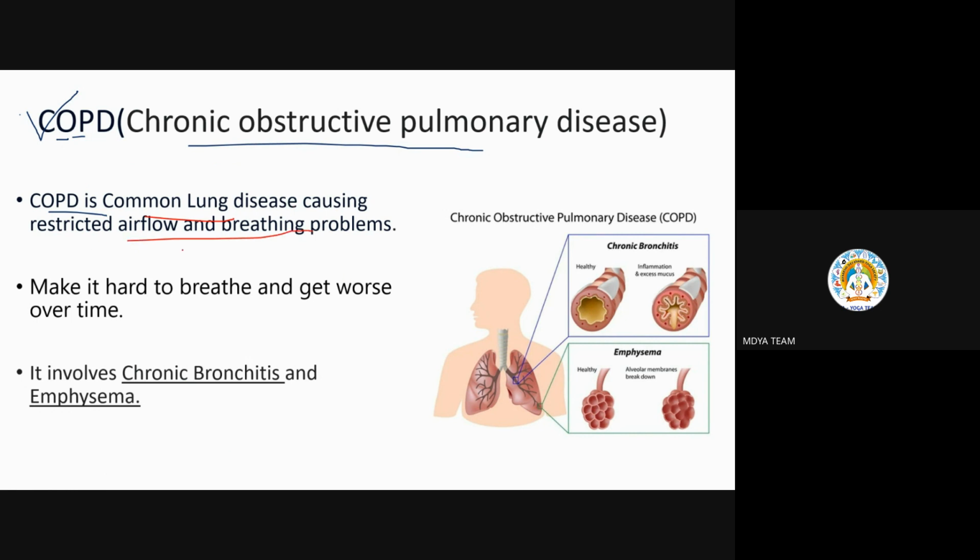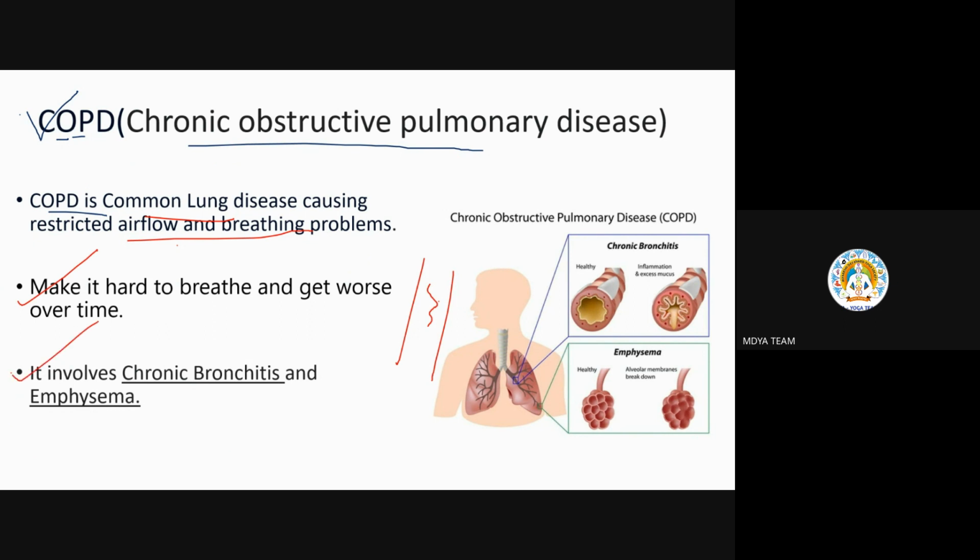Of course, with a lung problem there will be restriction in your airways, these airway passages. If there is restriction in the airflow, definitely it will lead to problems in your normal breathing. So it makes it hard to breathe and gets worse over time. Very simple. It mainly involves COPD, which is not a single disease but a group of diseases.